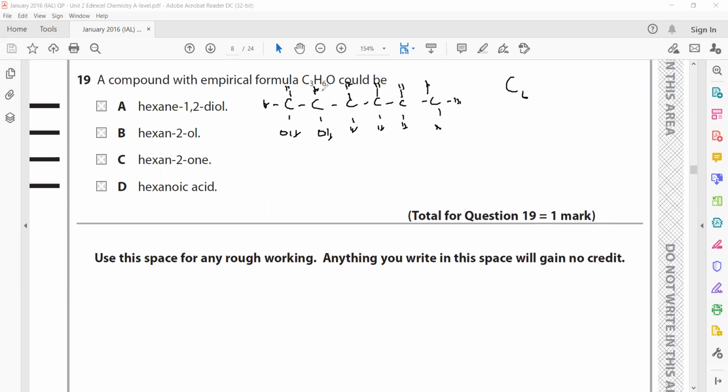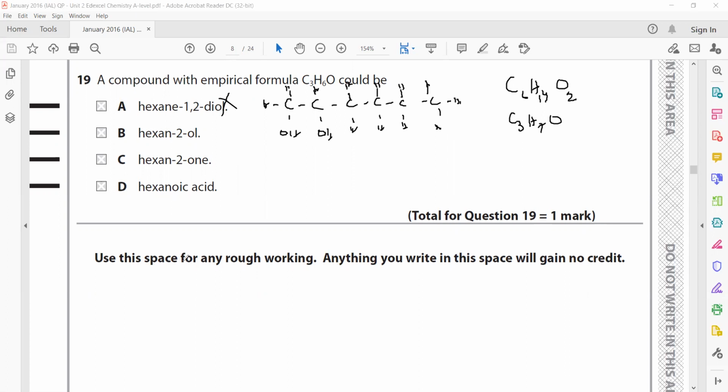So C6, and hydrogens 1 to 14, and oxygen 2. When we simplify this, it will be C3H7O, so this cannot be A.